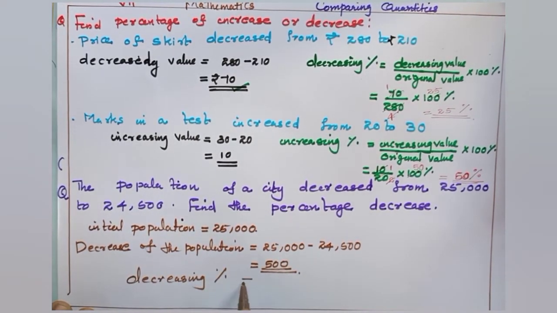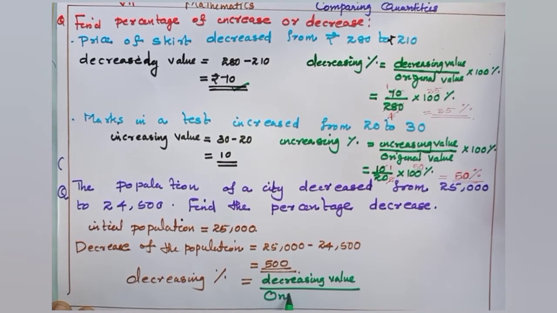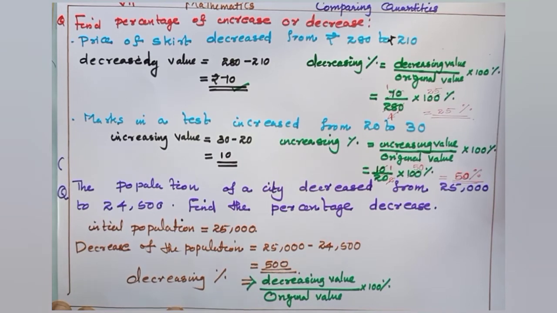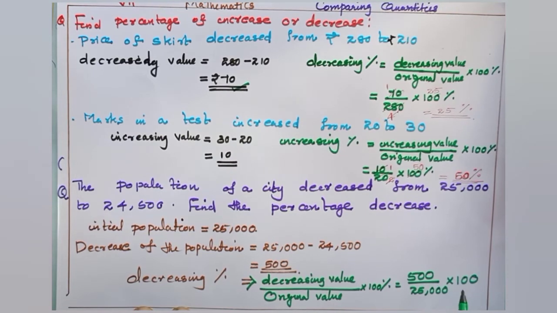Then find the decreasing percentage. Decreasing percentage equals decreasing value by original value into 100 percentage. So we get the decreasing value here 500 by original value 25,000 into 100.